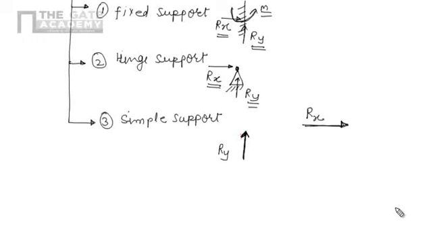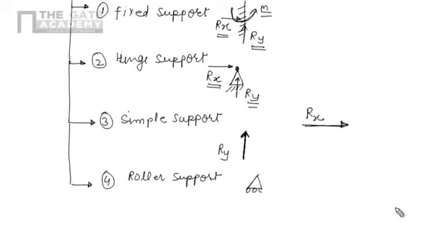So in case of simple support, we can say that there will be reaction Ry and Rx. It depends on the orientation of the support. Similarly, one more thing we can define is roller support.